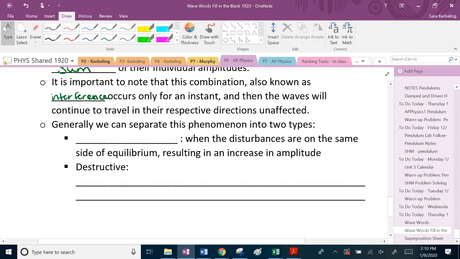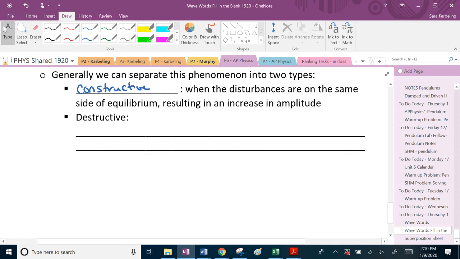Generally, we can separate the phenomenon into two types. One, when the disturbances are on the same side of equilibrium, resulting in an increase in amplitude. What do we call that? Constructive interference. And the other one, we can write an opposite. Destructive is going to be when the disturbances are on opposite sides of equilibrium.